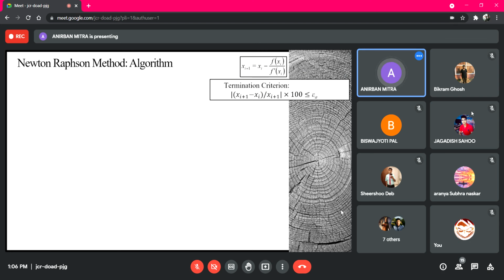The bisection method, complete solution should be there. The Newton-Raphson method solution should be there. The same mathematical problem solved using 2 different techniques, and you develop an algorithm for the Newton-Raphson method. So I hope that is clear to you.